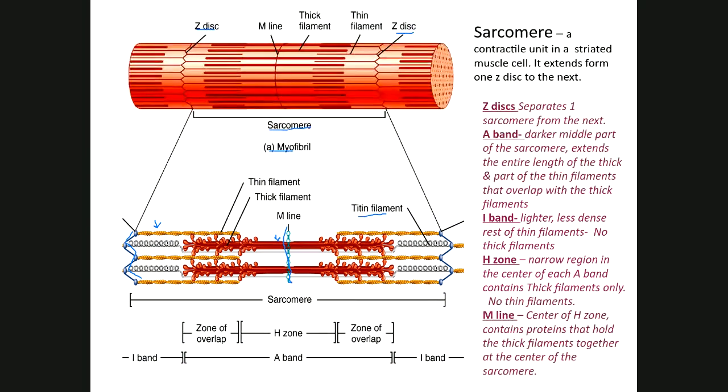This region in here is a region of overlap, and the little section in the middle, or the H zone, only contains the thick filaments. So let's look at that again. This H zone, which is this center zone here, only has thick filaments.